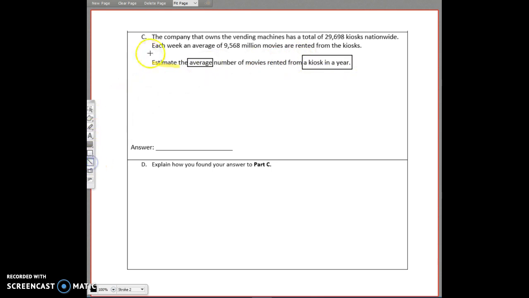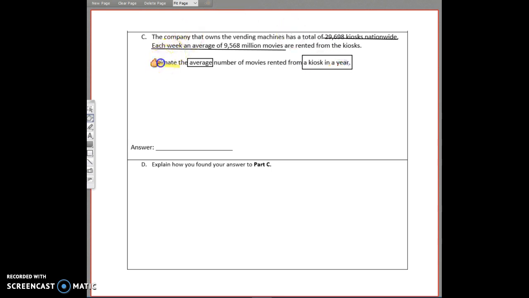So this is each week how many movies are rented for all the kiosks. So you have total kiosks, total movies rented for a week. They want the average number of movies rented from one. A kiosk means one of those kiosks in a year.